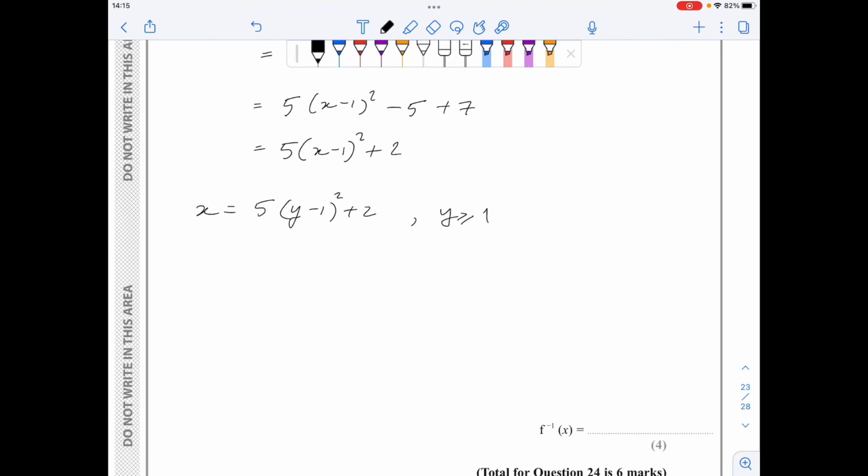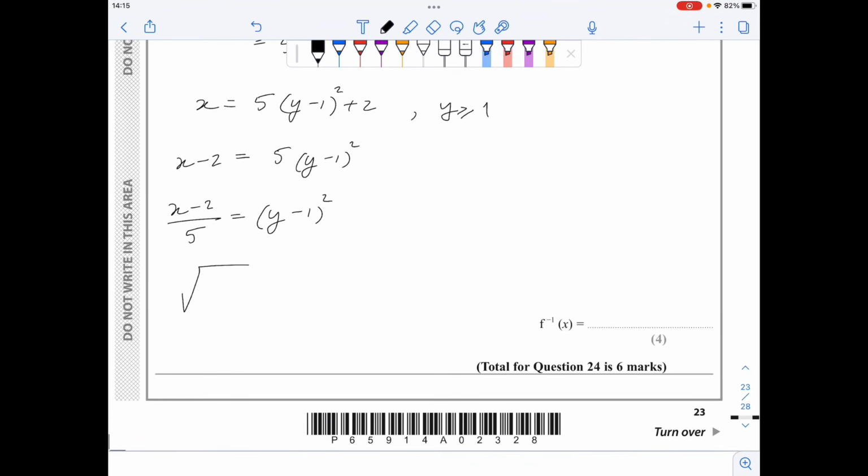So let's rearrange. x minus 2 equals 5 times (y minus 1) squared. Let's divide by 5. So (x minus 2) over 5 equals (y minus 1) squared. I'm going to take the square roots. Plus or minus the square root of (x minus 2) over 5 equals y minus 1. So finally, I'm going to take the 1 to the other side. So y equals 1 plus or minus the square root of (x minus 2) over 5.